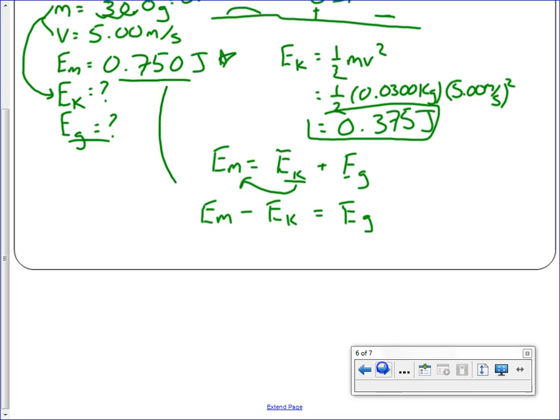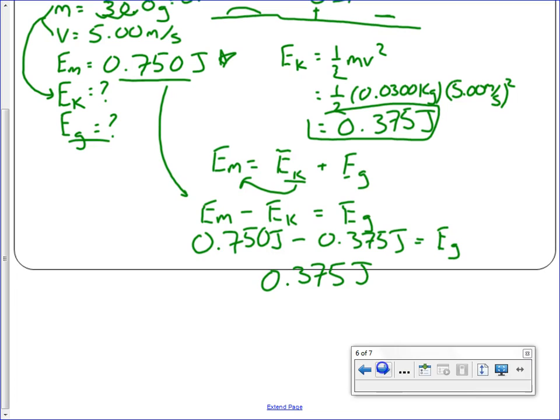We have our mechanical energy, we have our kinetic energy. Let's finish up the problem. 0.750 joules minus 0.375 joules gives us our potential energy. So our potential energy in this case is going to work out to 0.375 joules. So that's our final answer.